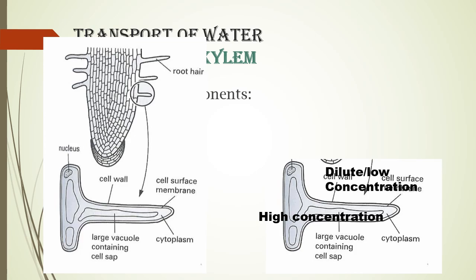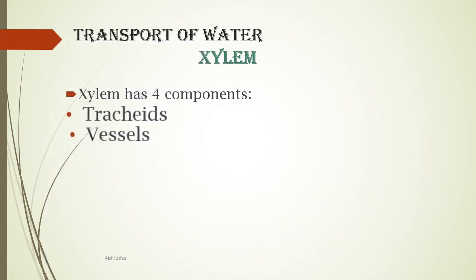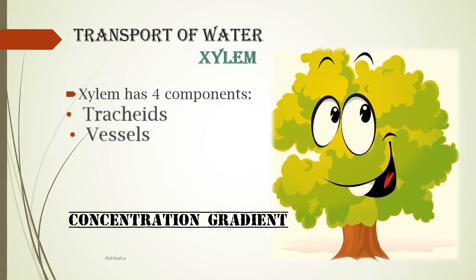So now water will move from outside to inside, and the tree gets the water without spending any energy. That is along concentration gradient. This is passive transport and it occurs continuously. Water is taken up continuously by this process.